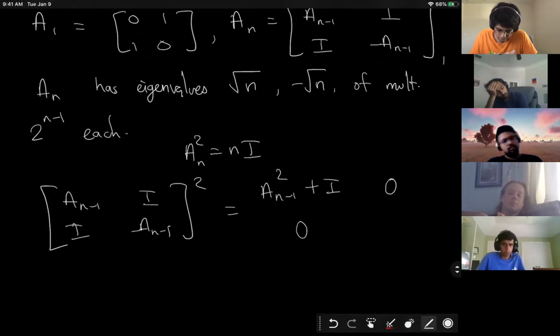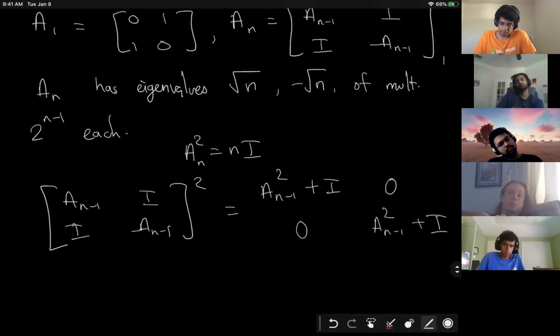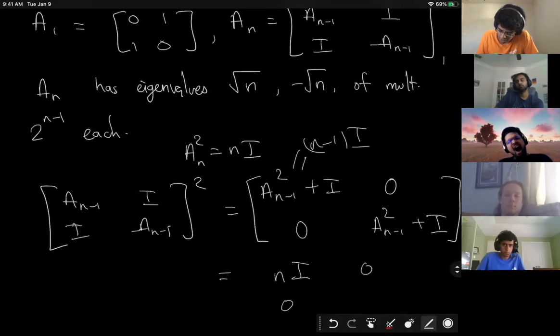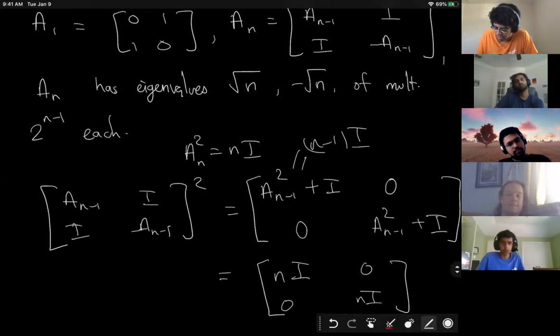And this one is also An minus 1 squared plus I. By the inductive hypothesis, we knew that this was n minus 1 times I. So we just get n I in the top block, 0 elsewhere, and n I in the bottom block, and that's just it. These I's refer to different dimensioned identities, but you get the point.